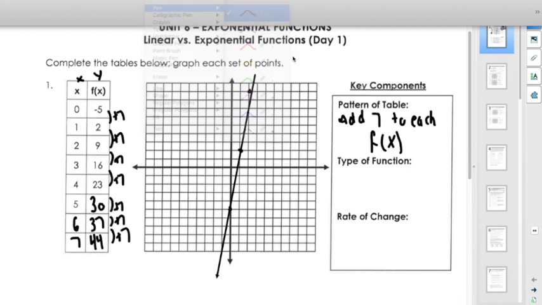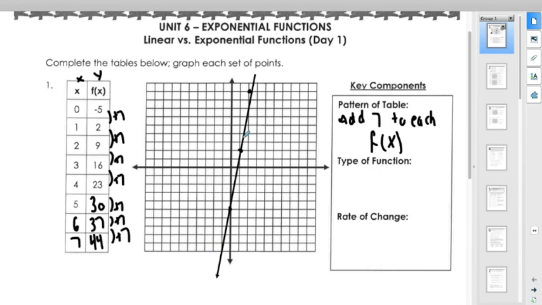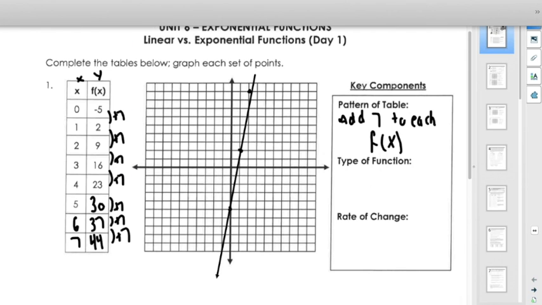Let's go back to the key components. Here is this function graph from the table of values. The pattern was to add 7 to each f of x. See how this is the pattern?